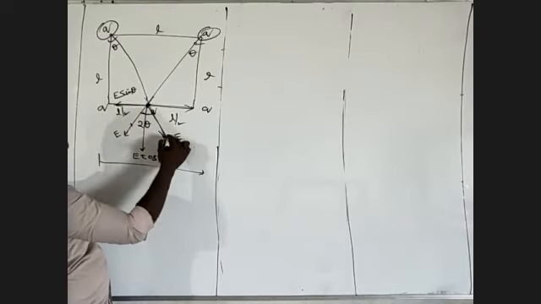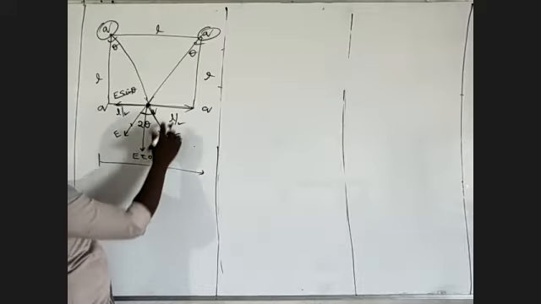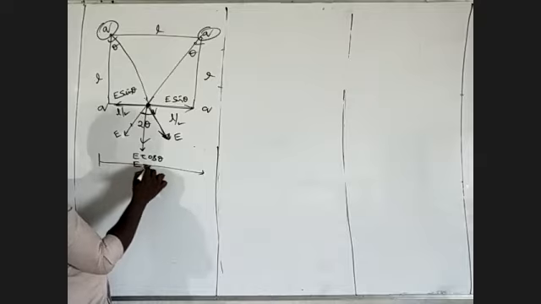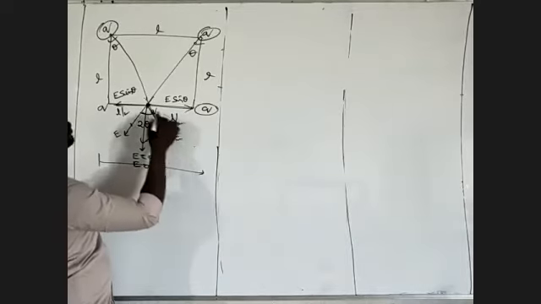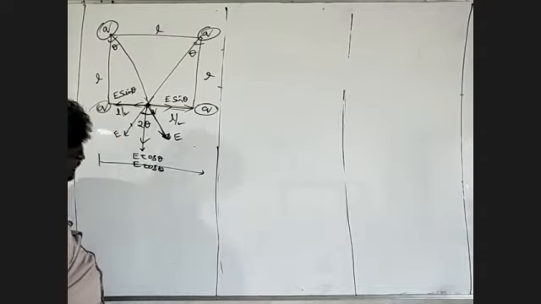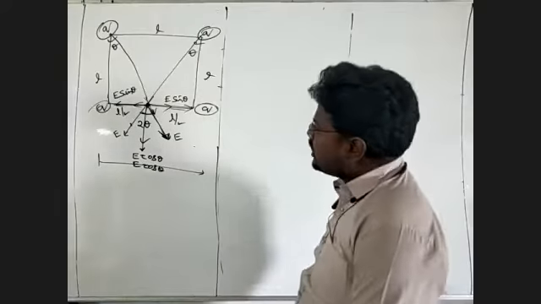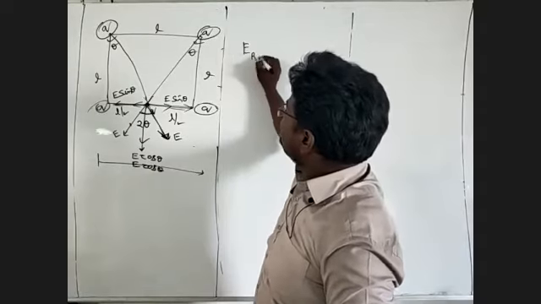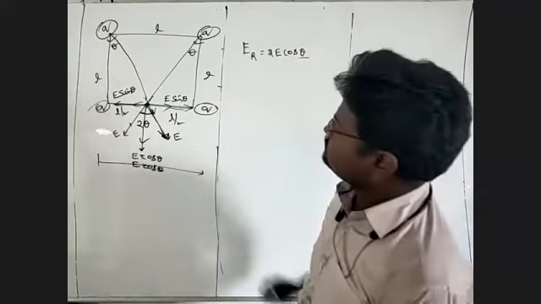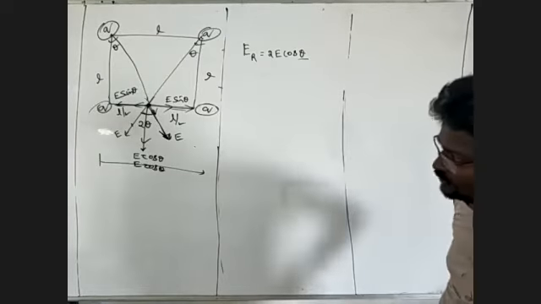This is actually an XY plane, and it can be resolved into two components: E sin theta and E cos theta. This Q repels the charge in this direction, this Q also repels in this direction. Both are cancelled. Now the resultant electric field is equal to 2E cos theta.